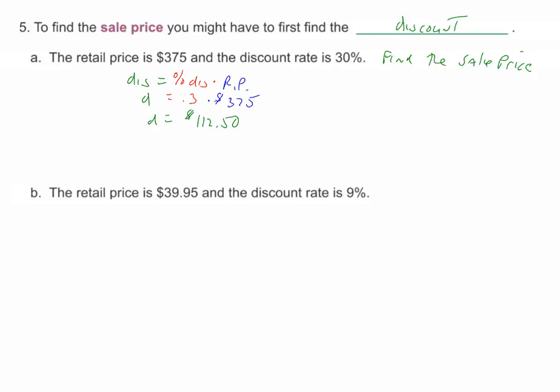And notice we keep using the same formulas, right? Somebody raise your hand and tell me what formula we're going to use now finally to end up getting the sale price. What formula? Sale price. Ashley? The sale price equals the retail price minus discount. Sale price equals retail price minus the discount.